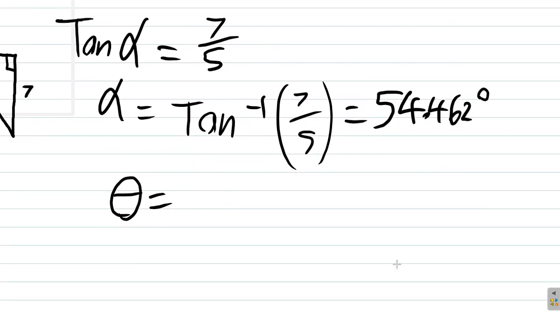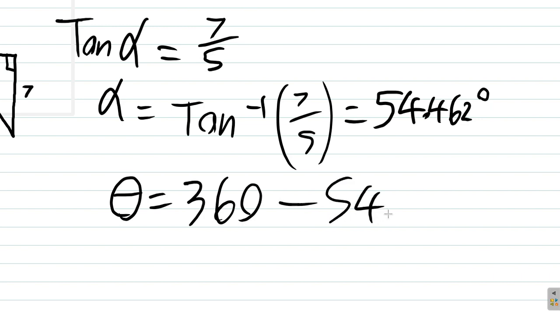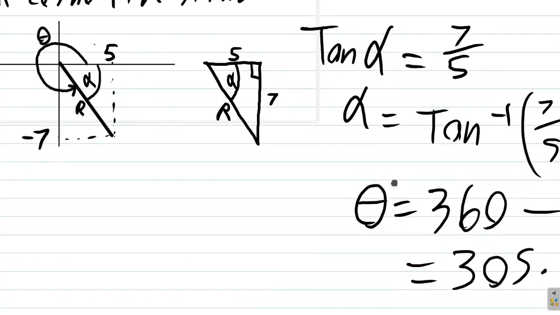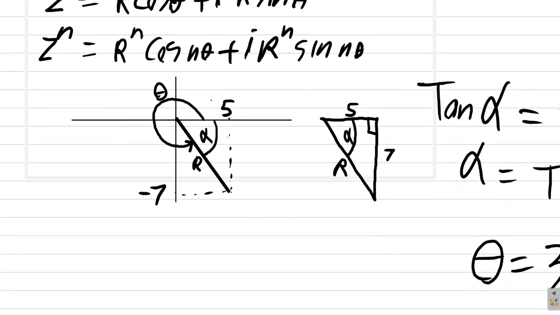So theta is 360 minus 54.462, equal to 305.54 degrees. See that?